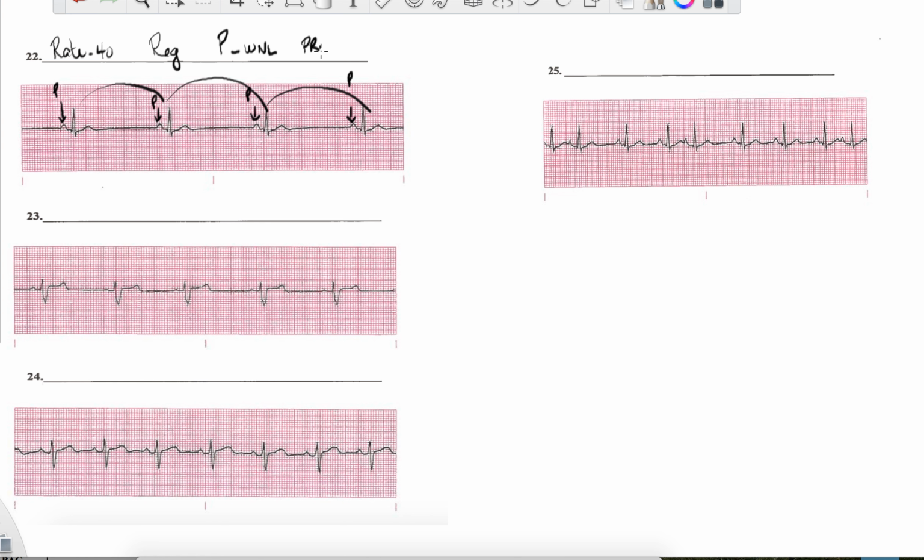The PR interval begins here, goes to there, begins here, goes to there. And the PR interval, if you measure it out and you count your boxes, you'll see that that also is within normal limits. And then the QRS is nice and narrow, and that's also within normal limits. So the only thing that's abnormal is the rate is slow. So a rate less than 60, this is sinus brady.